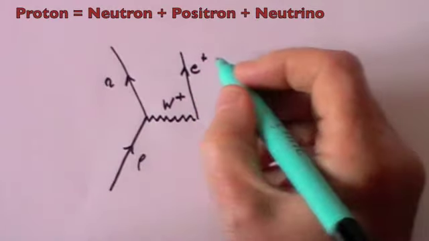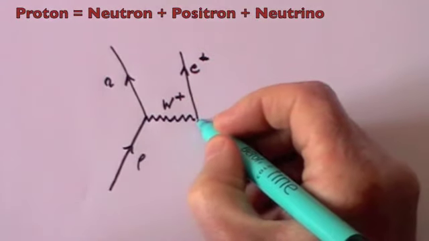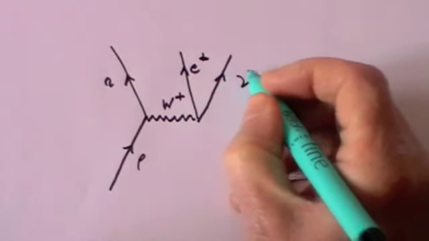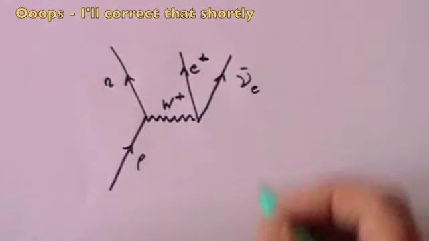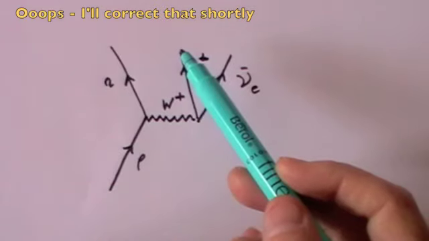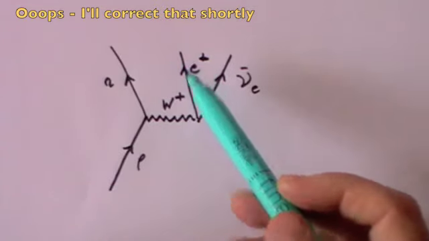And that's got to be given to a positron. And then to balance the lepton numbers, we're going to need an anti-electron neutrino. So now we've got baryon numbers conserved, proton in, neutron out, that's okay. No leptons come in, but a positron goes out.